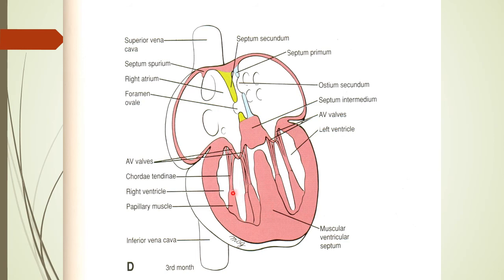This is the right ventricle. These are the papillary muscles of the right ventricle, and these are the chordae tendineae of the tricuspid valve. And these are the papillary muscles of the left ventricle and chordae tendineae, which attach to the valvular cusps of the mitral valve.